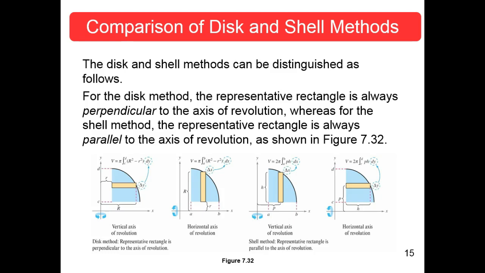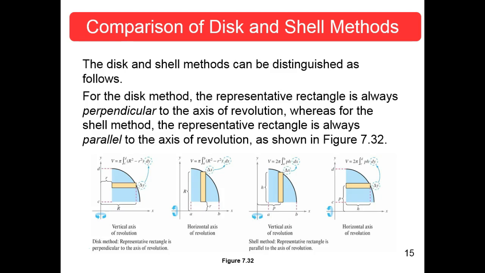Now, horizontal axis of revolution, your strip here for the disk method, if you're doing dx here across here, that's going to make your washers again, because you're up off the x-axis here. So both of these r's need to be in terms of x's, not in terms of y.